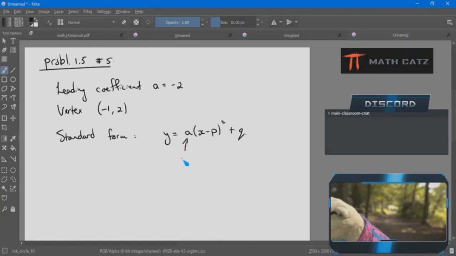So I really just fill everything in: -2 for a, -1 for p, 2 for q. So we have y equals -2(x plus 1) squared plus 2. And we see the x plus 1 would have shifted it to the left, creating the vertex at axis of symmetry -1. Done.